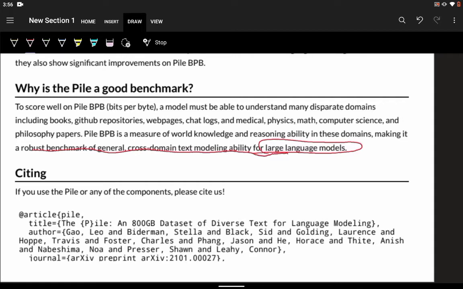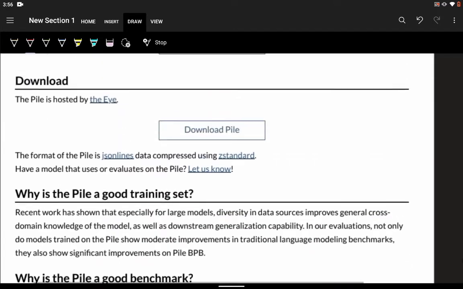The categories include books, GitHub repositories, web pages, chat logs, medical, physics, maths, CS and what not, philosophy. So world knowledge and reasoning ability are some of the things which can be enhanced using this particular dataset. That is the claim of the authors.